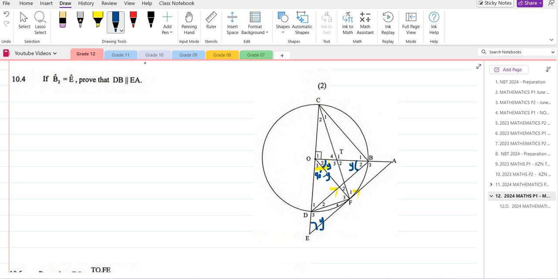Angle F4. I didn't even use a tan chord anywhere. Angle F4. See, I can see an alternate here. Maybe I can find, no. Let's work with that information that they gave us. Just 2 marks. DB is parallel to AE.